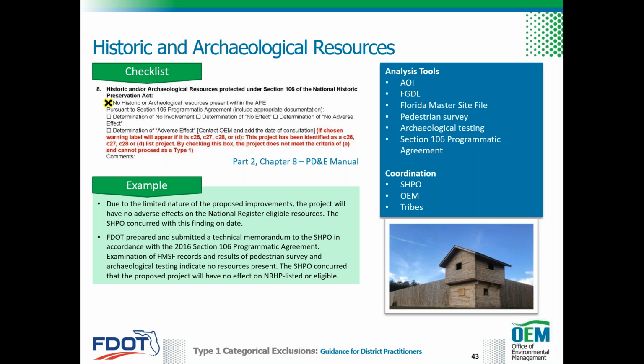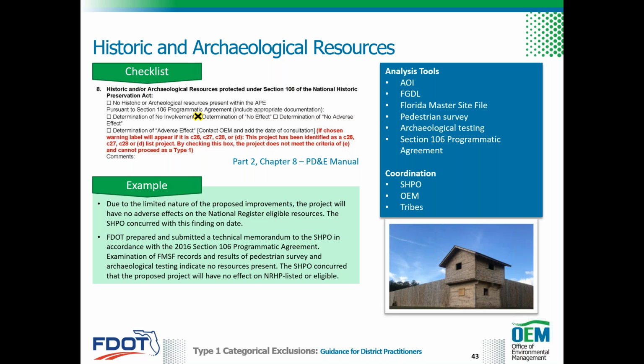Now, regarding project location, some geographic areas are very unlikely to contain historic resources. Regarding the specific activities, some projects are just so minor in scope that unless the specific project corridor itself either contains or abuts or is a historic resource, then there's very little chance that the undertaking could affect historic properties. Now, many Type 1 CEs are considered minor project activities in the Section 106 Programmatic Agreement. This agreement defines two categories of minor project activities that typically have little or no potential to affect historic properties.